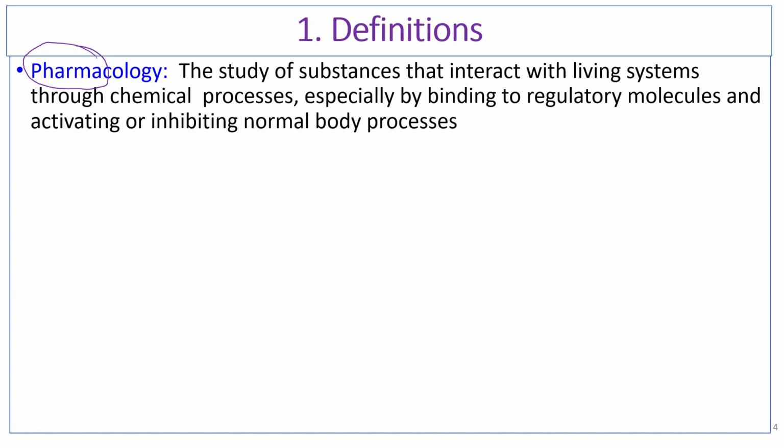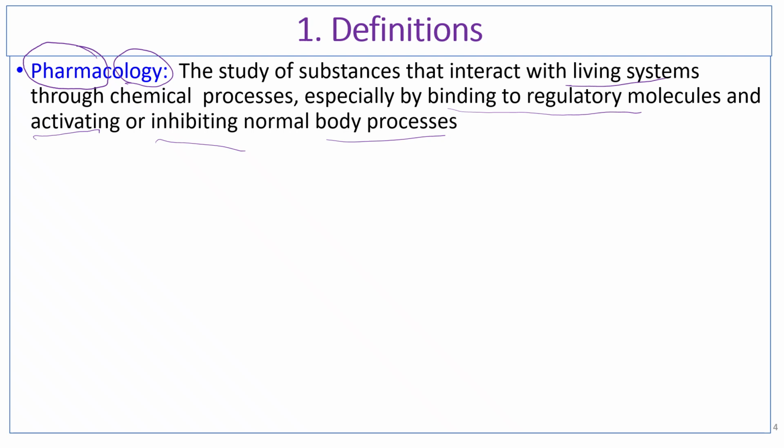Logy means the study. So we are studying about medications, how they interact with living systems, either human beings or animals, by binding regulatory molecules like receptors and enzymes, and whether it is activating or inhibiting normal body processes. That makes a lot of sense, right? When you're a normal healthy person, you're fine.